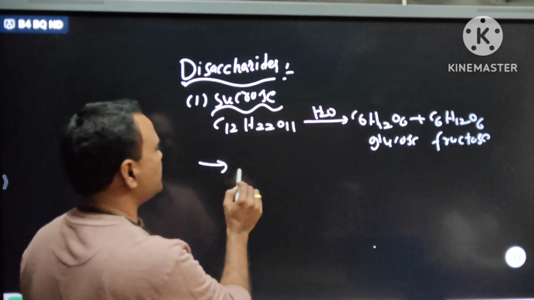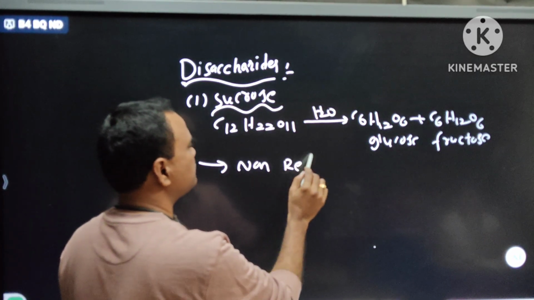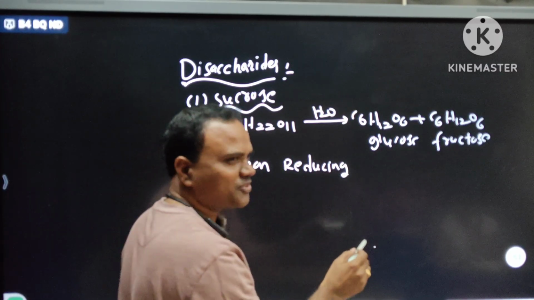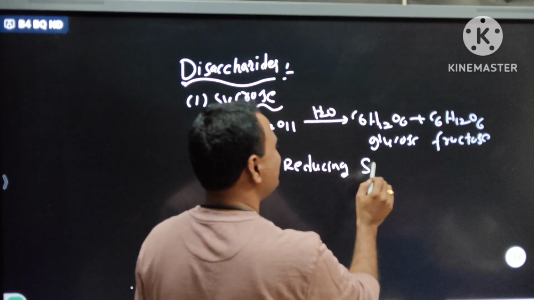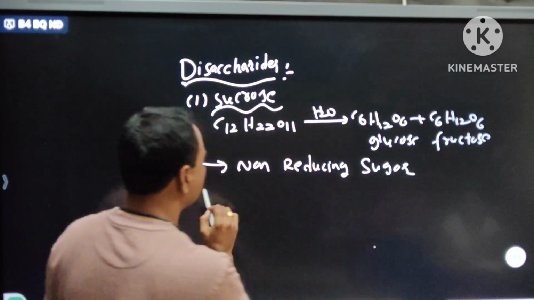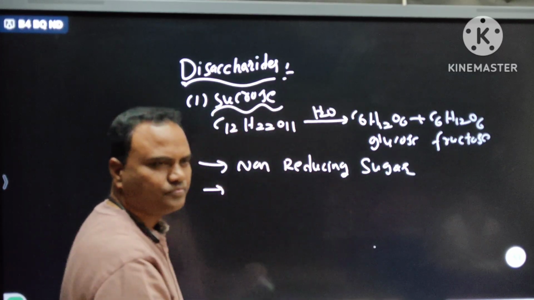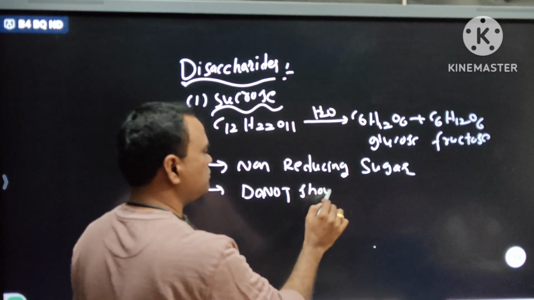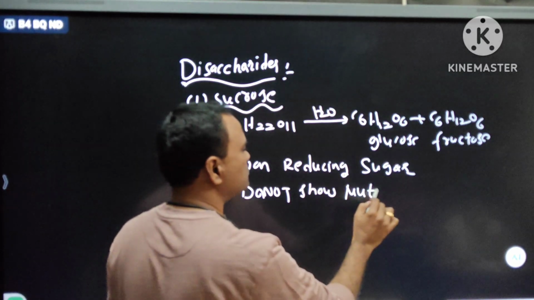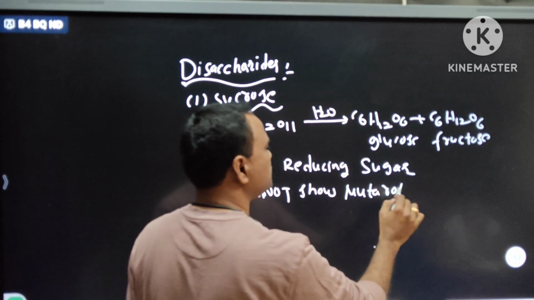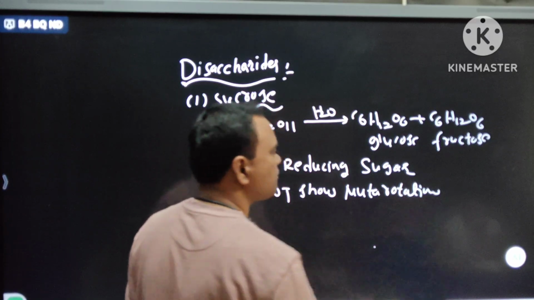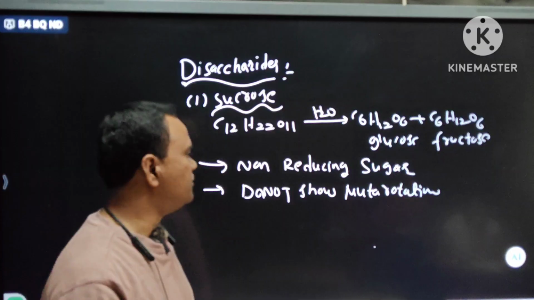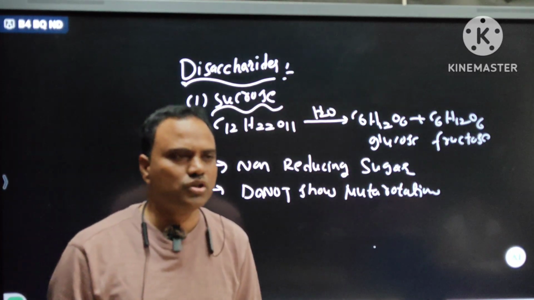Non-reducing sugar. Will it show mutarotation? It will not show mutarotation due to the absence of an anomeric OH group. A free OH group is not present at the anomeric carbon in sucrose, so it will not show mutarotation.